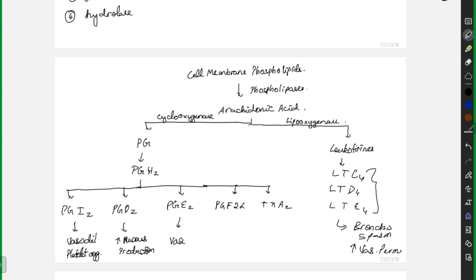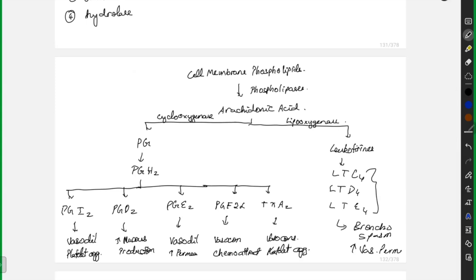Prostaglandin F2 alpha causes vasoconstriction and acts as a chemoattractant, and thromboxane A2 again causes vasoconstriction and platelet aggregation.